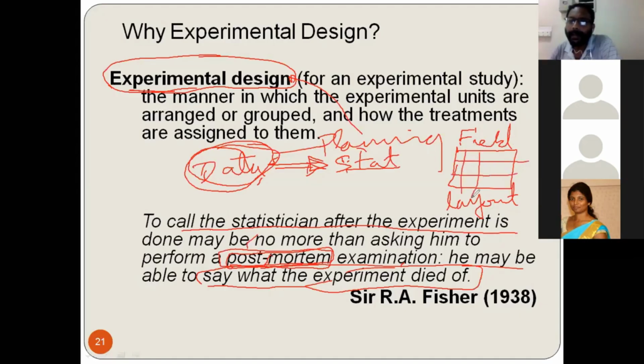Let's say we have 4 treatments, T1, T2, T3, and so on. How we allocate all these treatments to all the plots gives the information about the design.